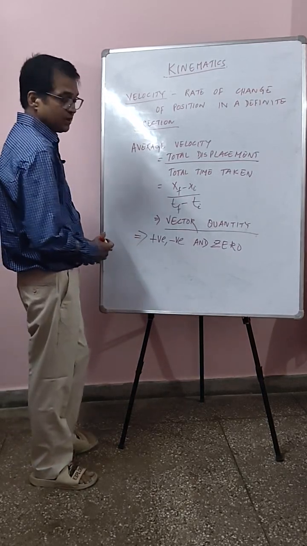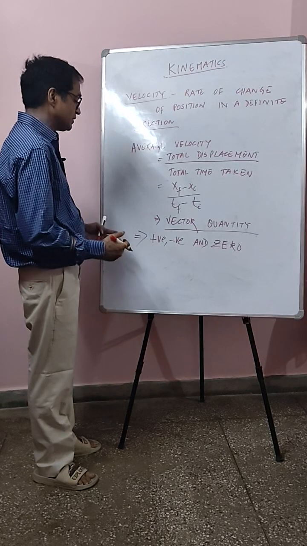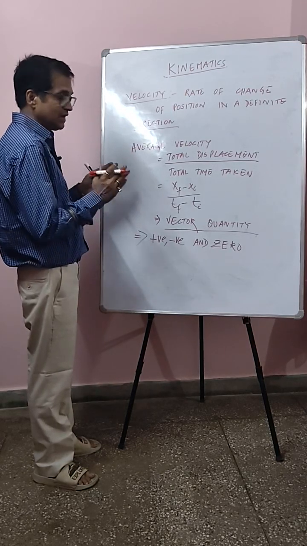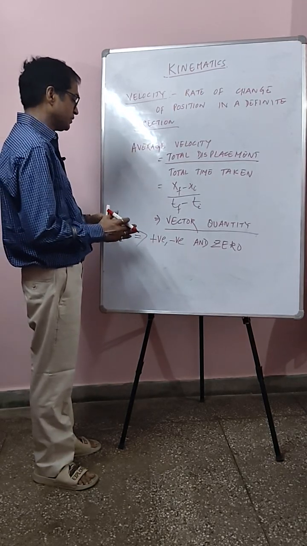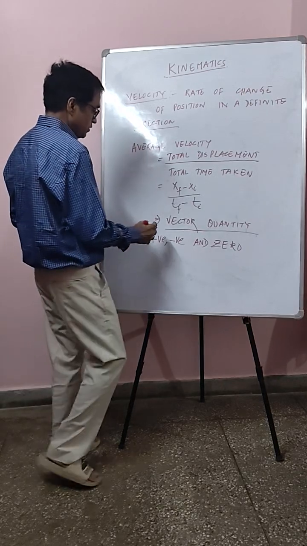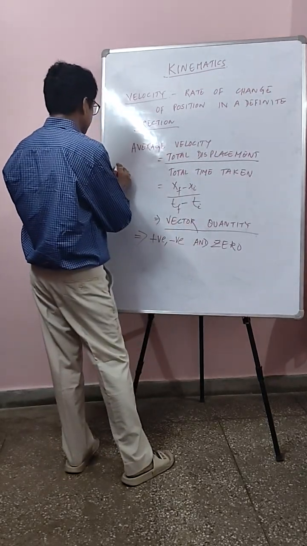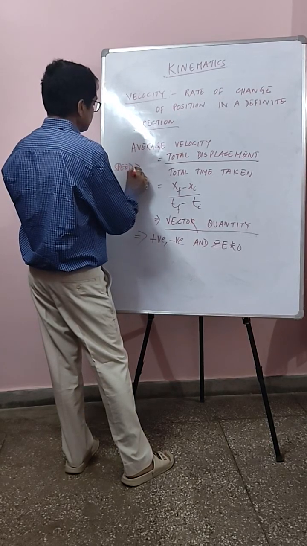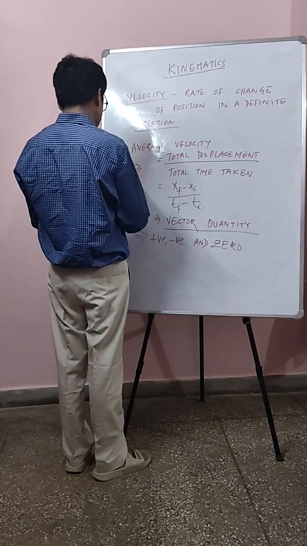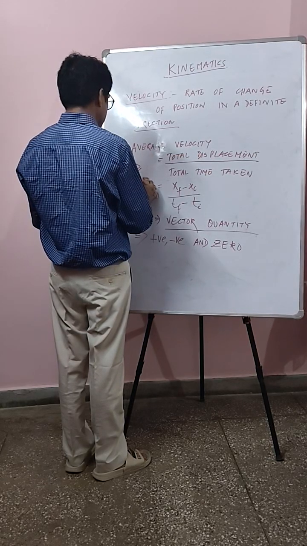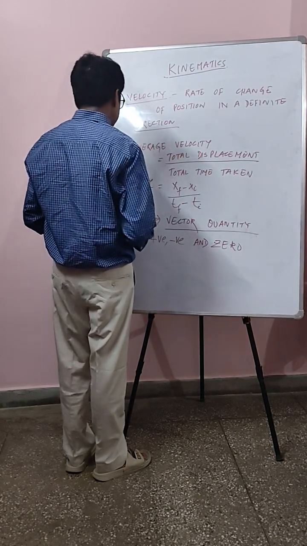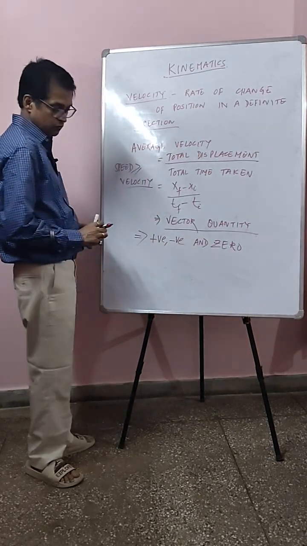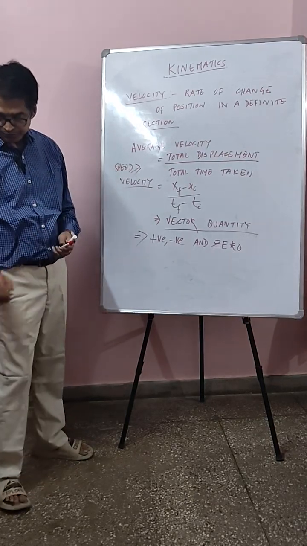And again, what is the relationship between speed and velocity? Speed is always greater than or equal to velocity. I think this is wrong.